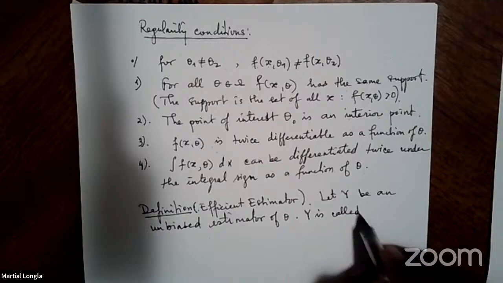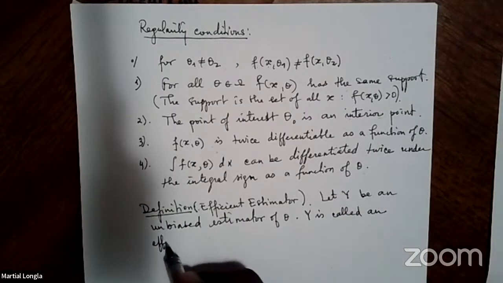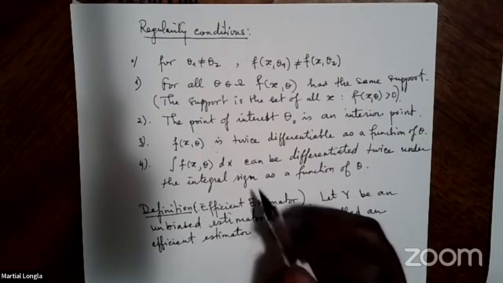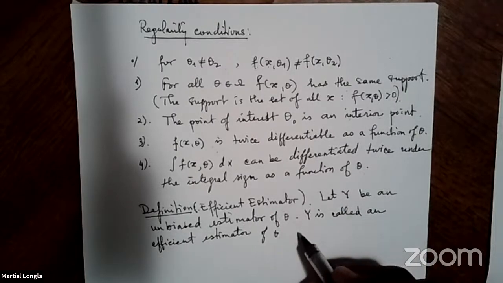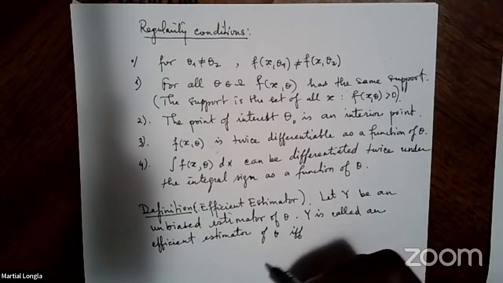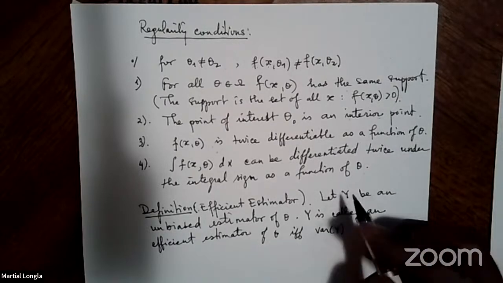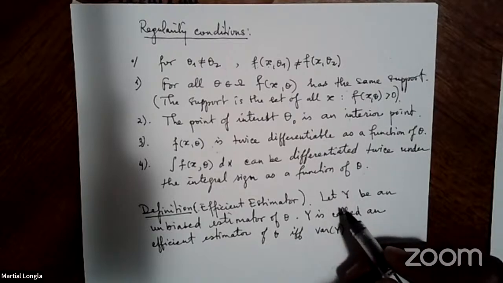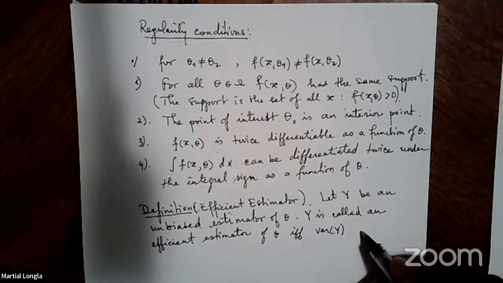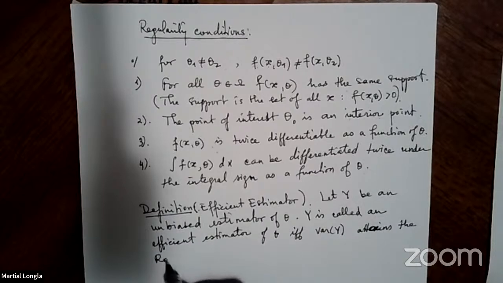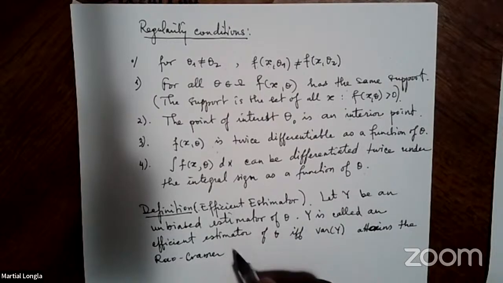Y is called an efficient estimator of theta if and only if the variance of Y attains the Rao-Cramér lower bound.